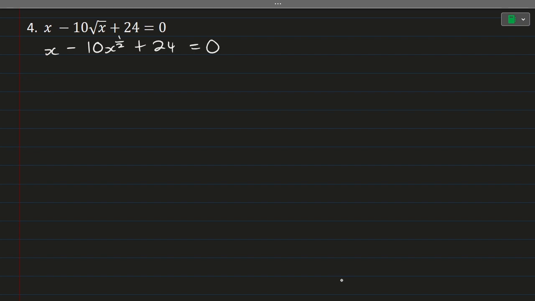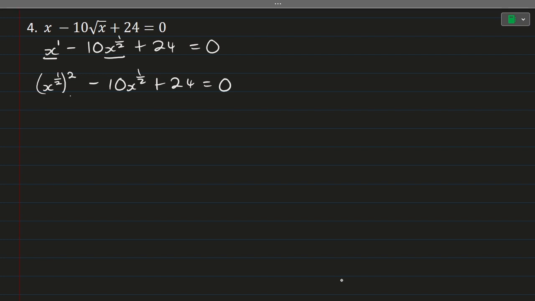Now rewrite x in terms of x to the power half. So this is x to the power half in brackets squared. 2 times half gives you 1, which is the power that x has, minus 10x to the power half plus 24 is equal to 0.